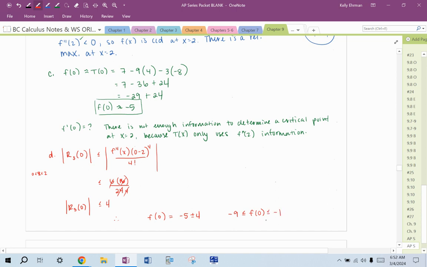So explain why f of 0 has to be negative. This shows that f of 0 has to fall between two negative numbers. So I'm just going to say f of 0 must be negative. Because remember, Lagrange error is a maximum error. It's an error bound. So we're saying this is like worst case scenario, but the actual value is probably even less than 4 off. So we know that f of 0 has to be negative.